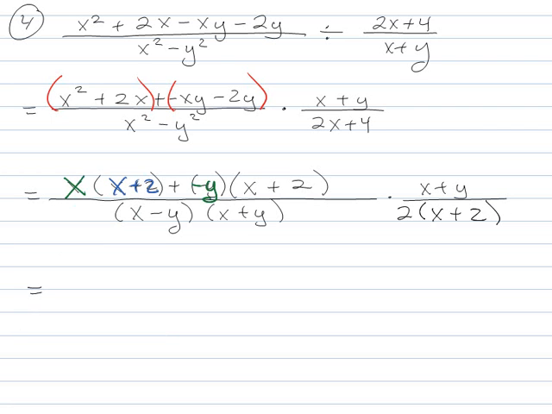So I have x times something minus y times something. So it's x minus y, both times something. So x times something minus y times something is the same thing as x minus y times something.